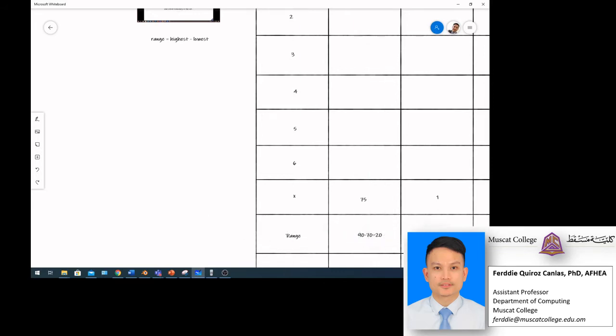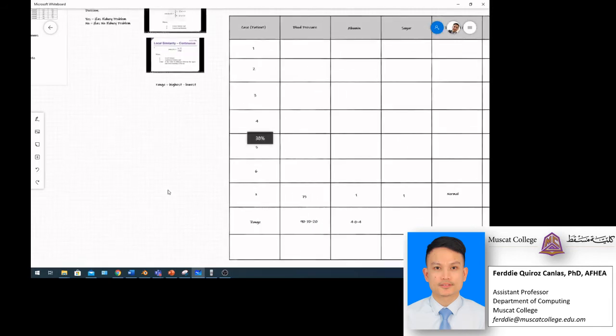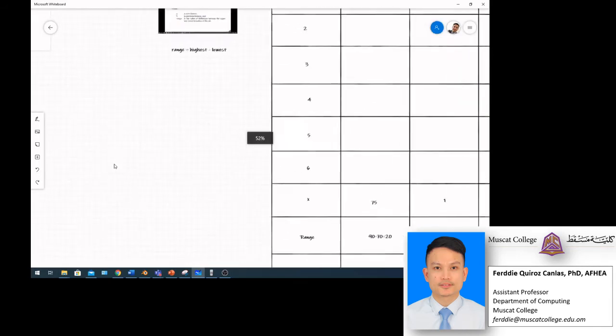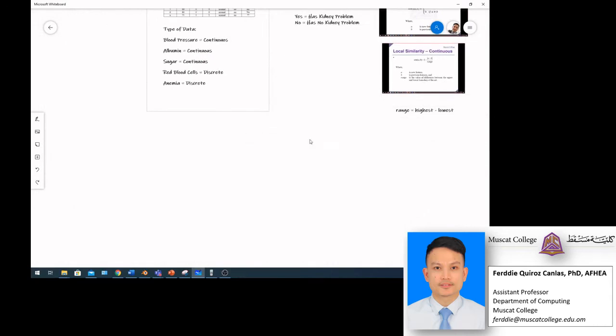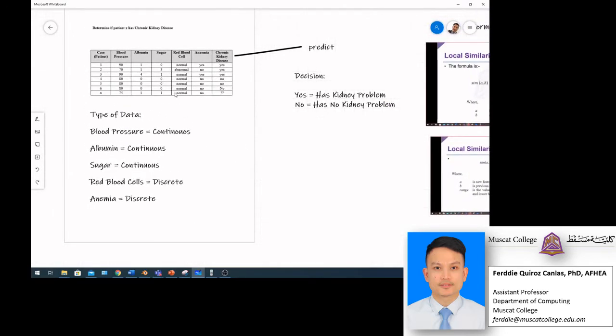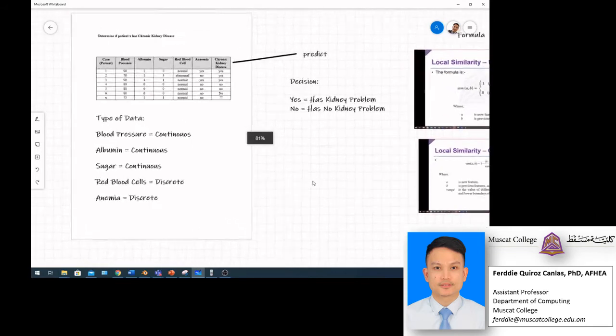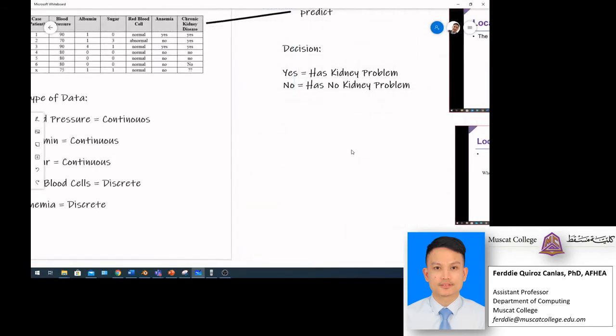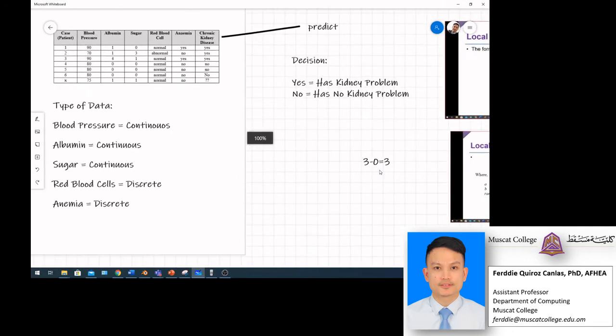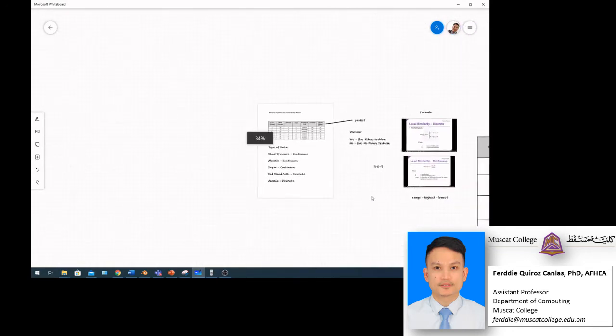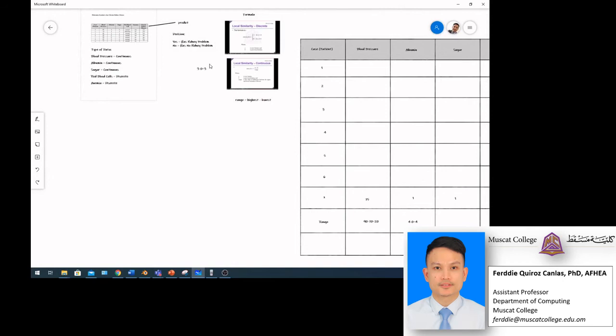So the range for the albumin is 4. Next, for sugar, it's also continuous, so we have to get the range. So 3 minus 0 equals 3. So we have to place this here as the range.